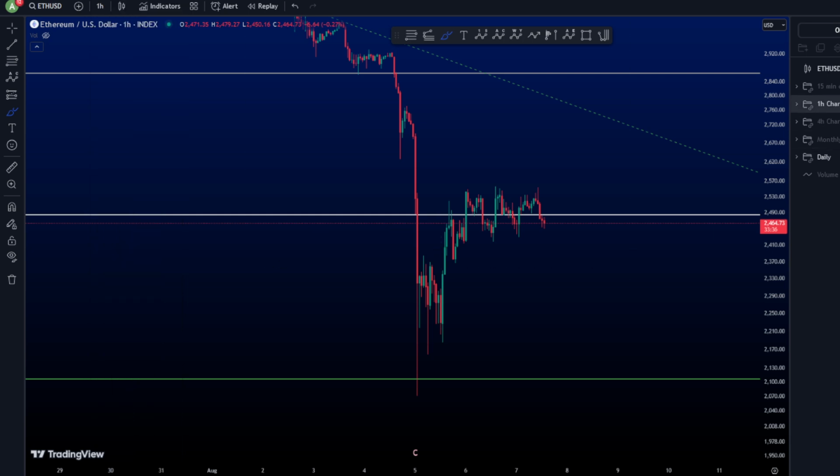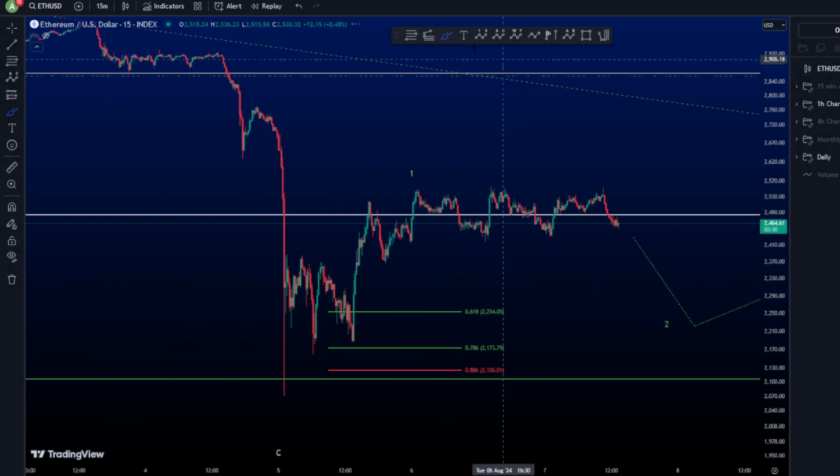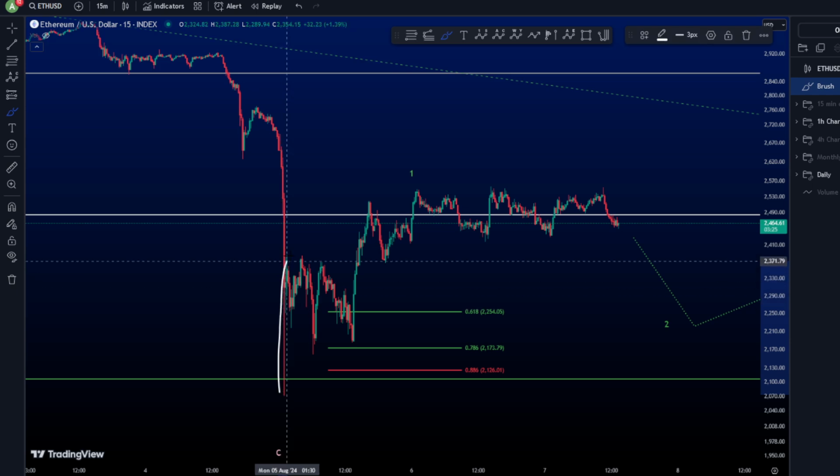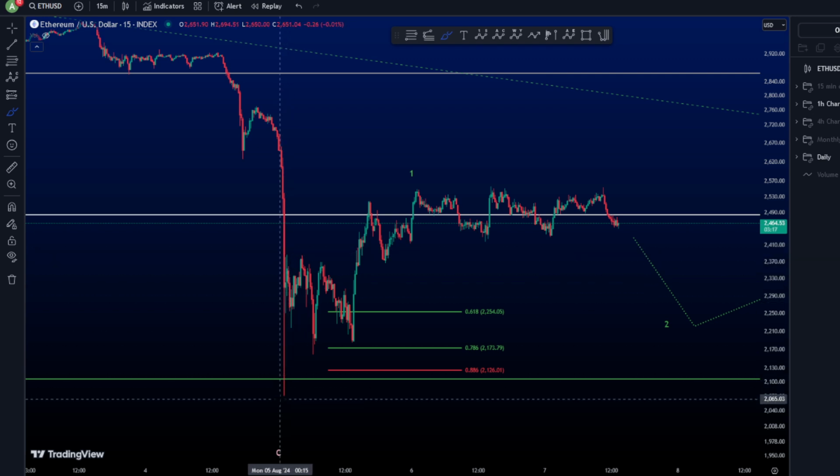On the 15-minute, we can see exactly also before, let's set the 15-minute, here we go. So we can see exactly inside the 1, we see 1, 2, and we see already this as 1, right? Because it's very impulsive. Of course, if you go so much into the micro, you will see an impulse here, right?